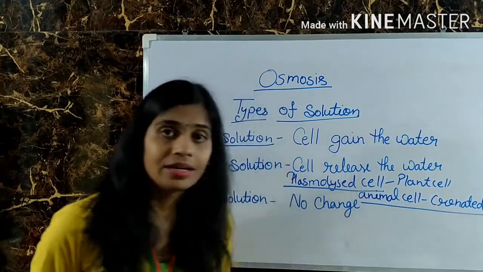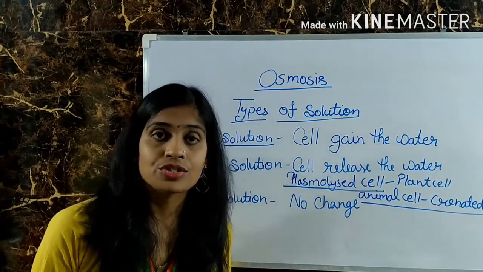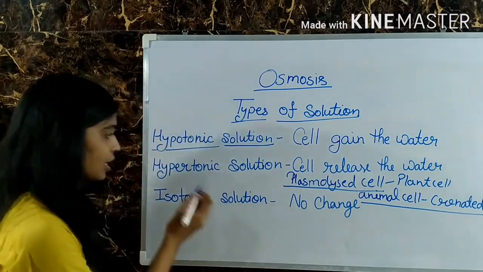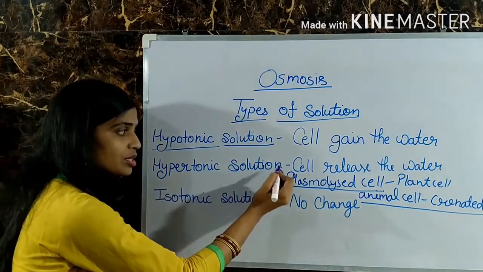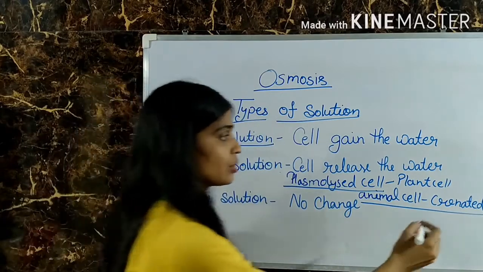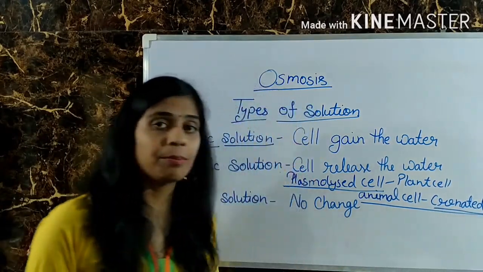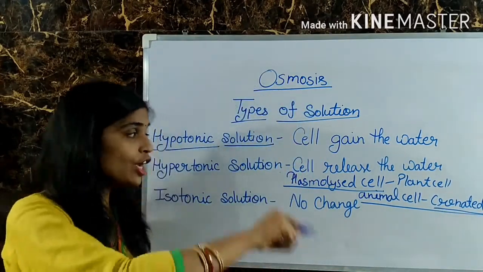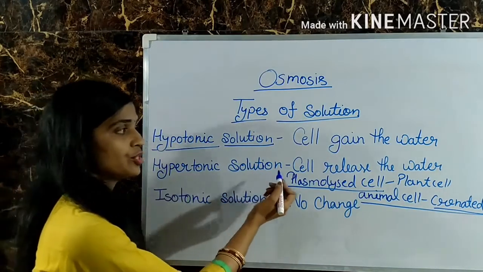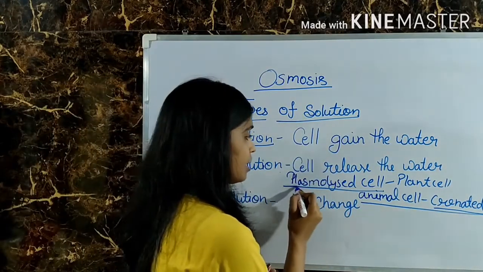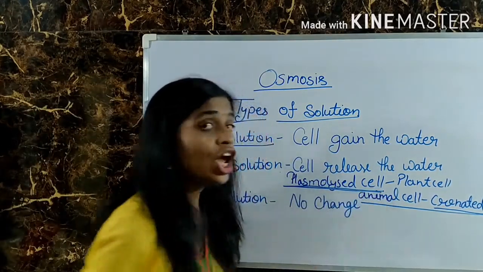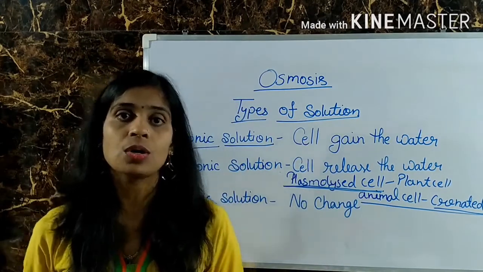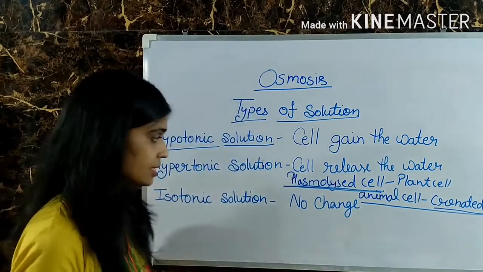So when the animal cell shrinks due to the hypertonic solution, then it turns crenated, and when the plant cell shrinks due to the hypertonic solution, then it turns into a plasmolysed cell, and the process is called plasmolysis.